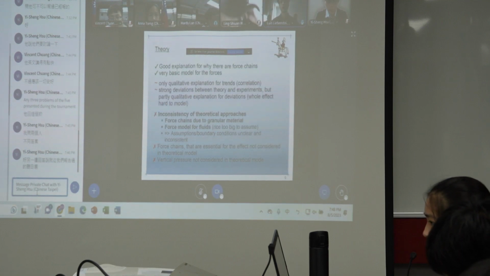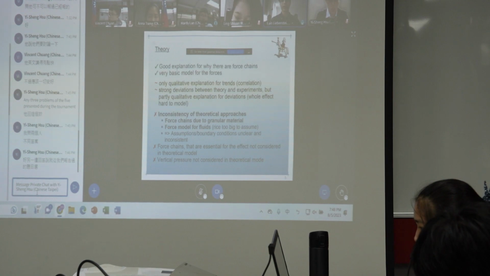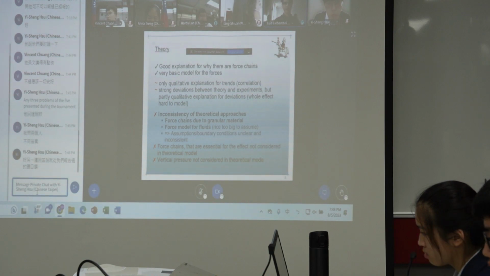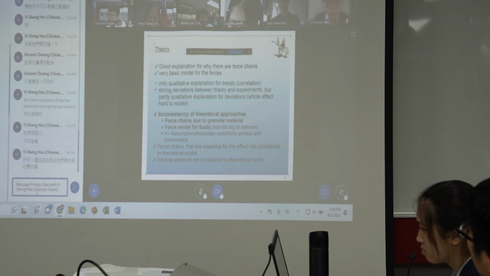Now, if we move on to the theory, we can say that she used the theoretical model looking at the forces of the static friction as well as of the kinetic friction. It really could mainly only show us a qualitative explanation or a qualitative trend for the model, but it always had some real deviations, which she always explained with chain forces.